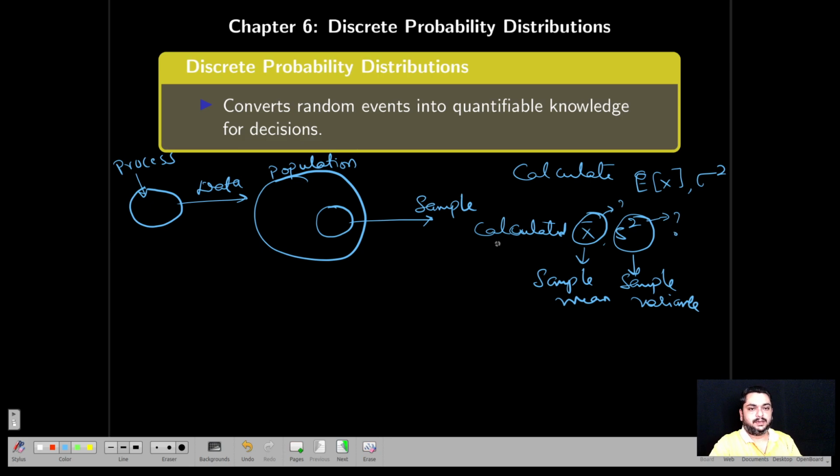See, for all the data, the mean is not simply the sum of all the numbers divided by the total numbers. You cannot always apply something like this. It can be applied only when we know this follows a certain distribution. Means what? This sample, or this process that has produced the data, has some properties.